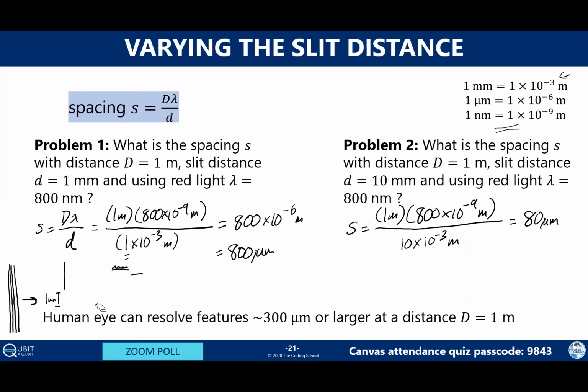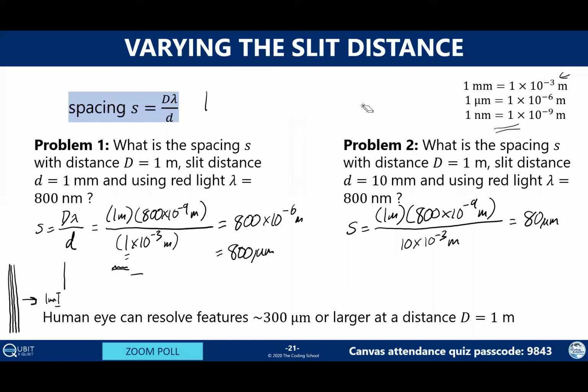So a good way to get a feel for the double slit experiment is to think about what parameters will allow you to see the interference pattern. Because you can imagine if you are looking at a bright, dark, bright, dark pattern, and the spacing was too small, the repetition was too fast, you would just see a gray band. You wouldn't actually see any interference pattern.